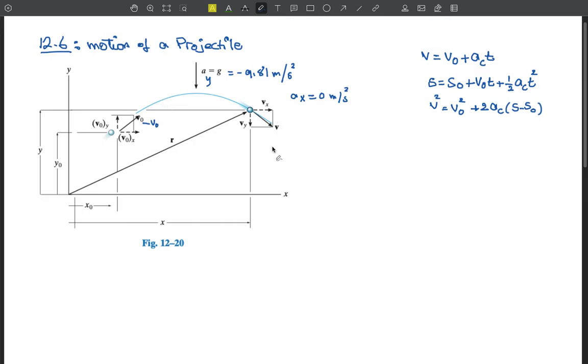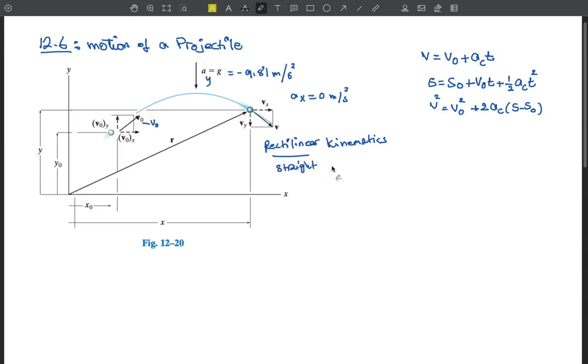So we can make use of the rectilinear kinematics, meaning that we have a motion in a straight line.